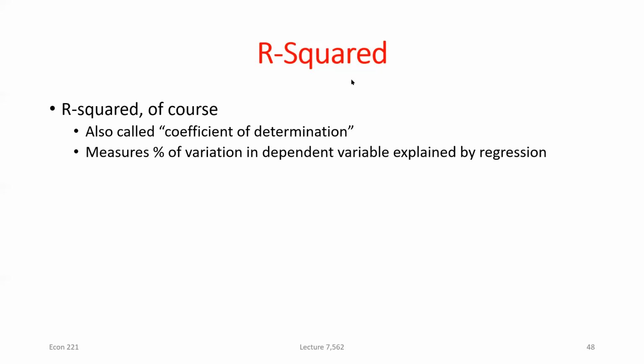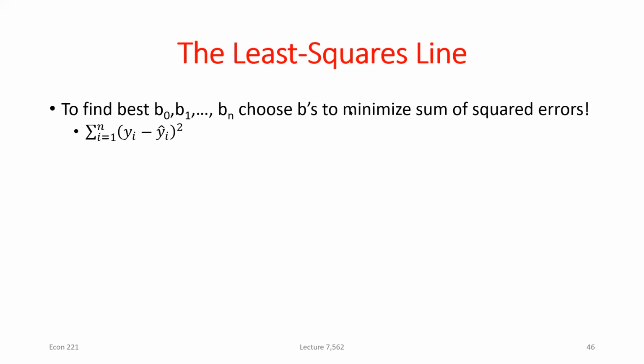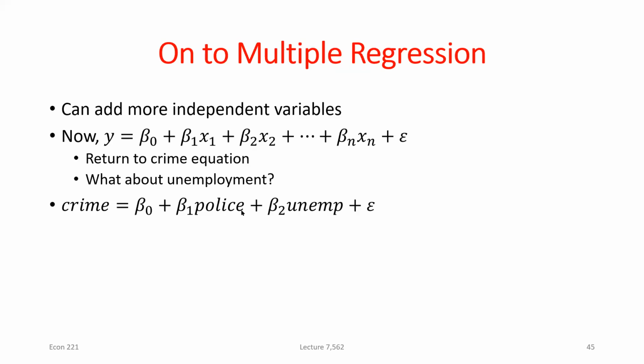So if we think about this example here, if I run this regression, Excel gives me all this output. One of the things it gives me is this R-squared statistic. So R-squared here would reflect the amount of variation in crime that I can explain with just police force expenditures and the unemployment rate of a county.